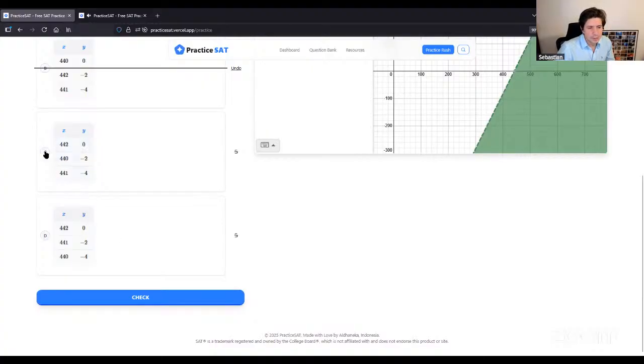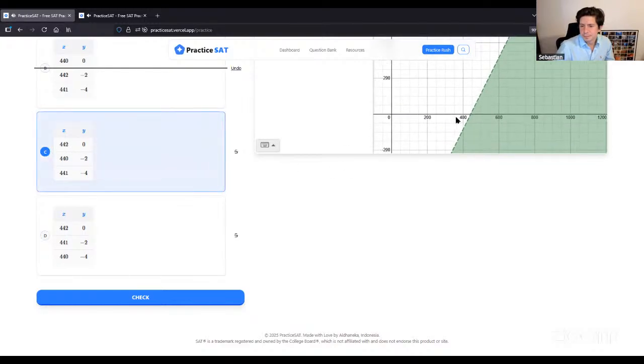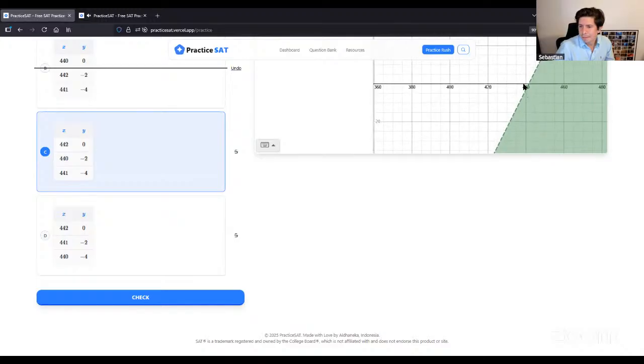I'm losing my mind. Okay, so it could be this one, I think. 440 is -2. So when it's 440, it has to be greater than -2. 441 has to be, let's see, 441 is -1. So Y has to be below that. Oh, it has to be below.